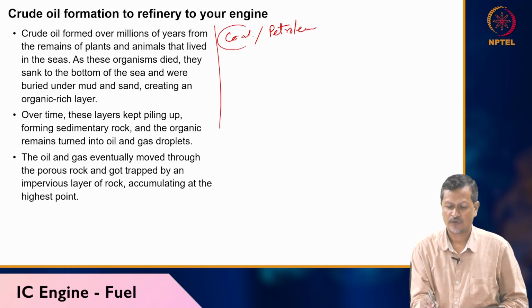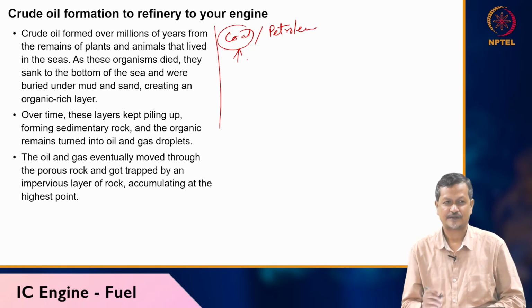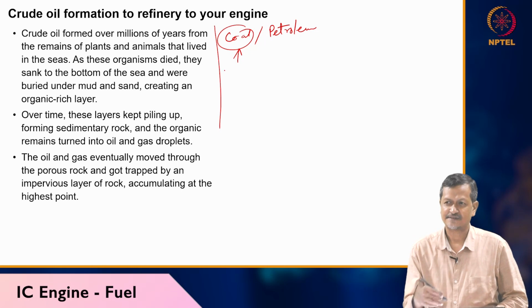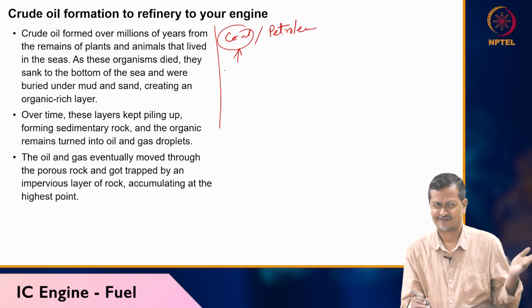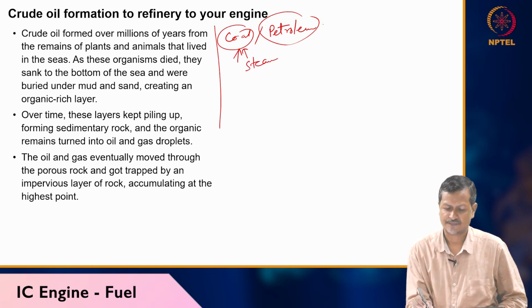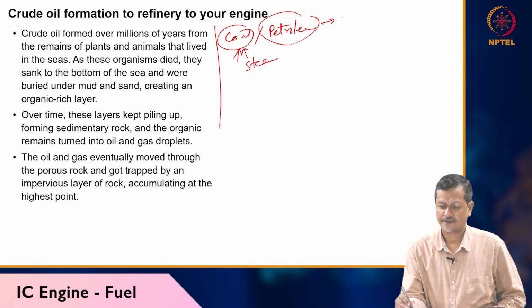Coal fired engines have almost been replaced, but some relevance remains in heritage trains or somewhere, only limited use for coal fired engines. Coal may also have steam engines. But petroleum, initially you get crude oil.